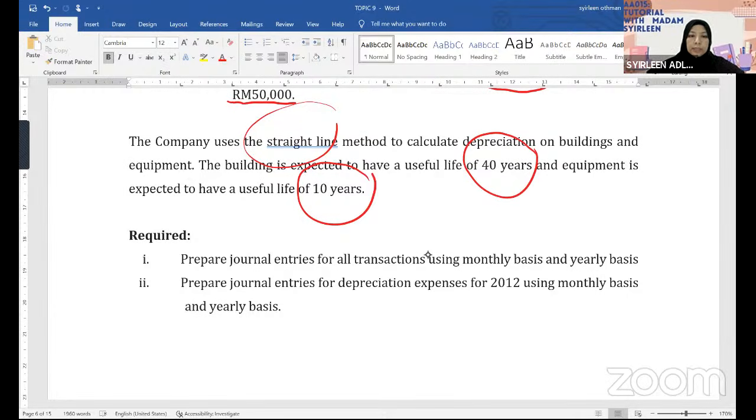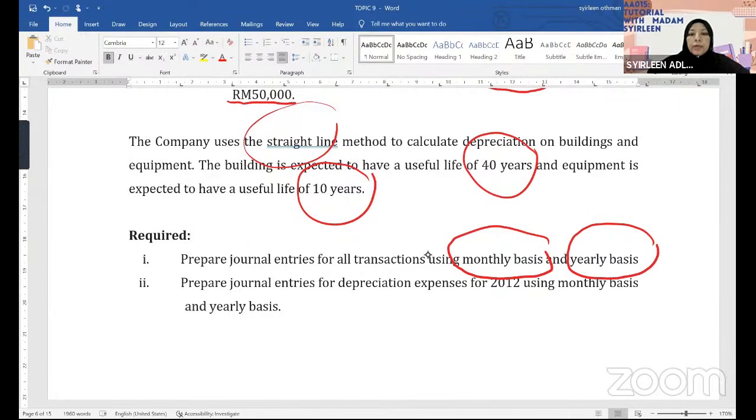Okay, so sekarang kita nak kena catat journal untuk semua transaction. That means you have 3 transactions, which is on the 1st of March, 1st of April and 1st of June. So 3 ni you akan catat 2 kali. Satu guna monthly basis dan the other one kita akan guna yearly basis.